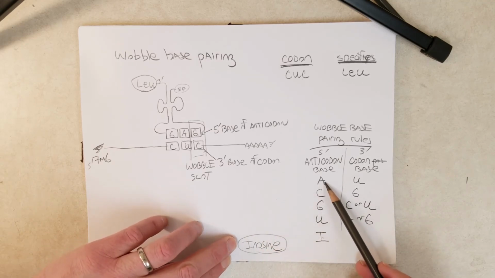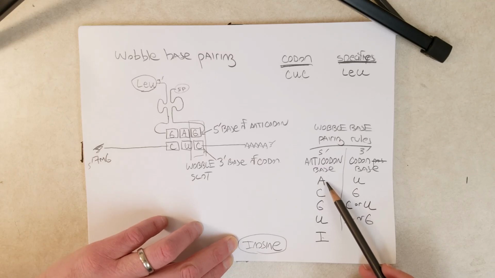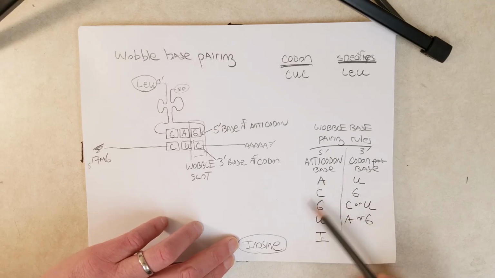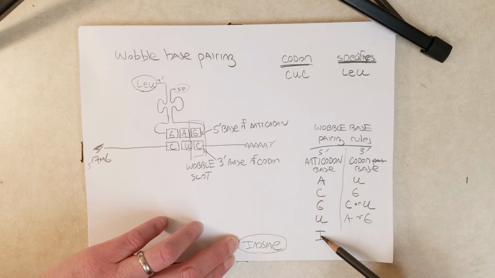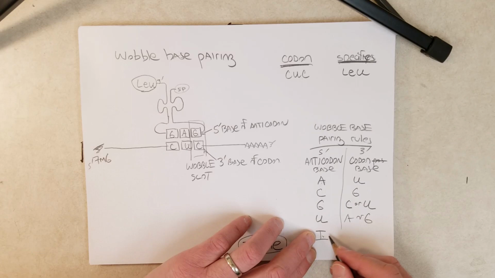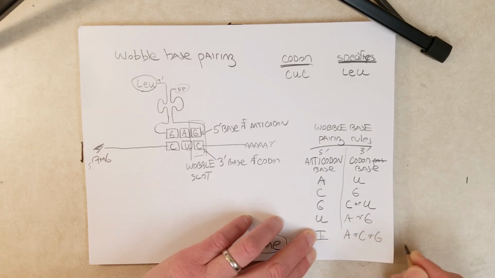If you have an adenine ribonucleotide at the 5' anticodon position, an enzyme can come over here and change the amine group in the adenine into, I think, a carbonyl group. I might be wrong on that. Don't quote me on that. It doesn't matter. We don't need to memorize structures. But anyways, the enzyme can change A to I. And as a result, this non-standard base can pair with A or C or G.